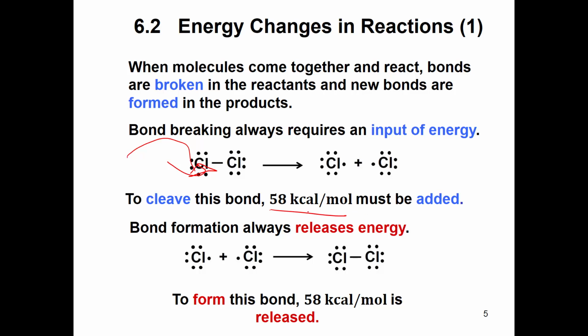Forming the bond is going to release 58 kilocalories per mole. So to break the bond, I've got to add energy. To form the bond, I'm going to release energy.